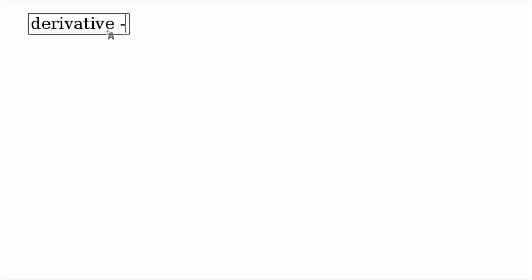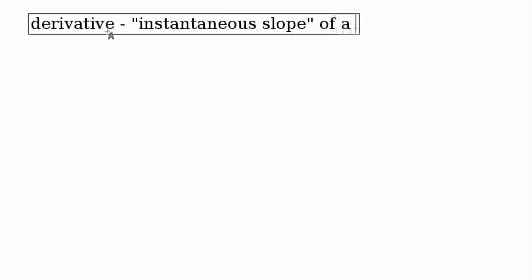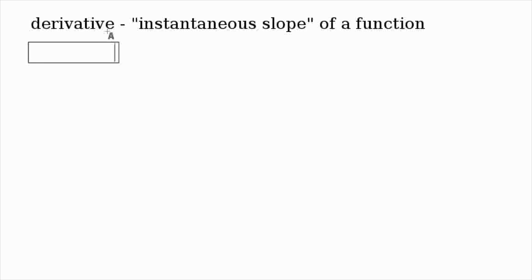The derivative is the instantaneous slope of a function. Okay, so what does that mean?